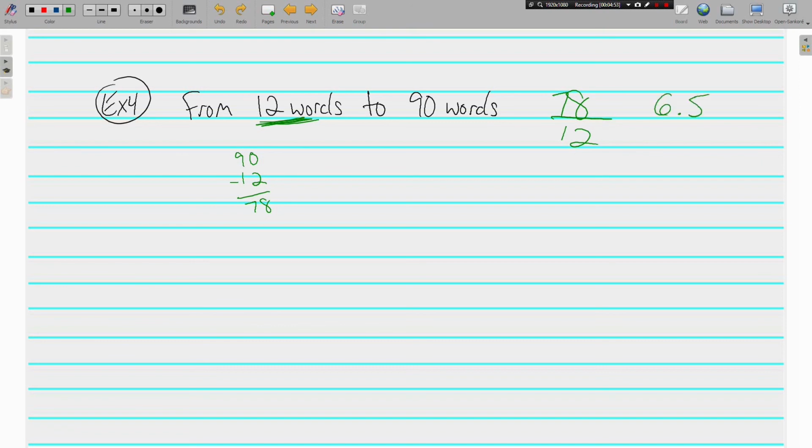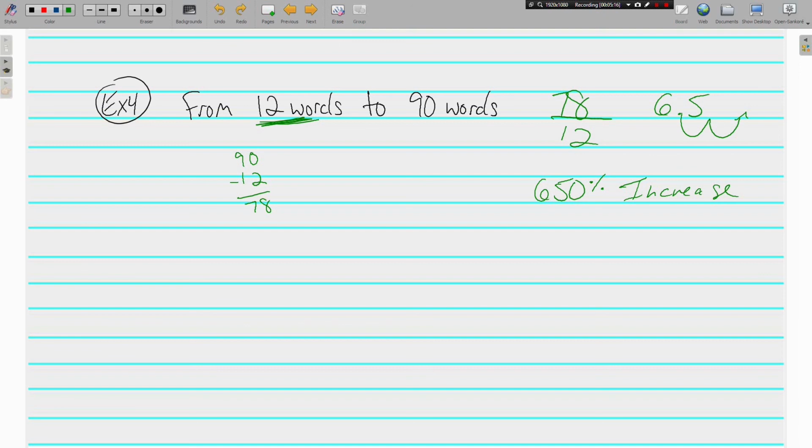But remember, this is a decimal, and we are looking for a percent change. Twice to the right gives us a 650% increase. From 12 to 90, we're going up, so we are increasing.